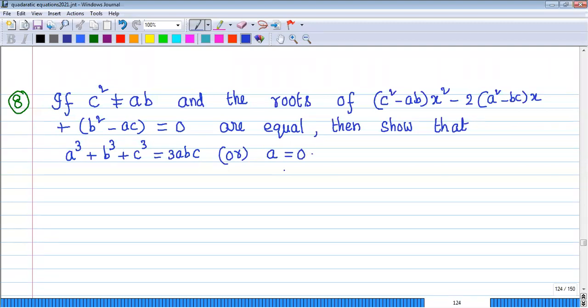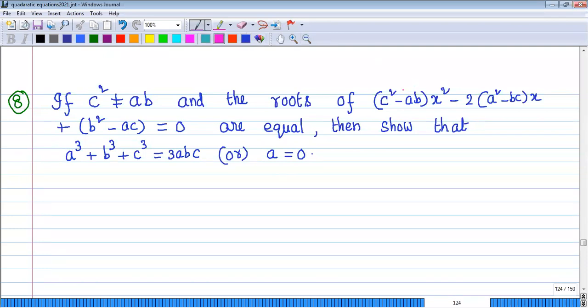If c square does not equal ab and the roots of (c square minus ab) x square minus 2 times (a square minus bc) x plus (b square minus ac) equals 0 are equal, then show that a cube plus b cube plus c cube is equal to 3abc or a equals 0. So that means here also we apply the discriminant itself only.